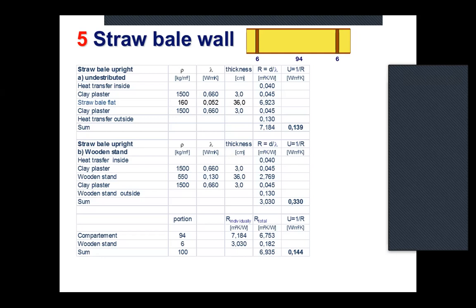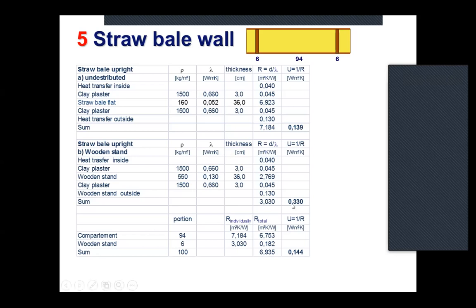It's a very simple case, so it can be done very easily. You use the wooden stand instead of the straw bale, and then you calculate the other U value. Yes, exactly. So we calculate a second U value where there is a wooden stand. You see it's almost 3 times that big.